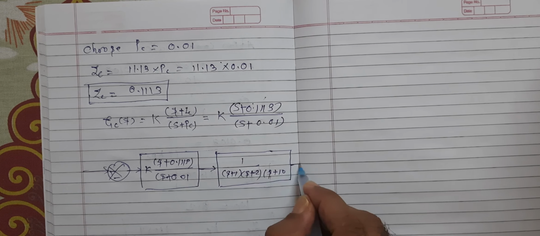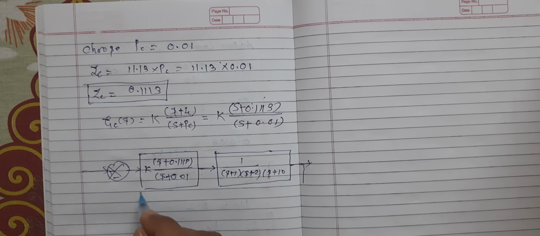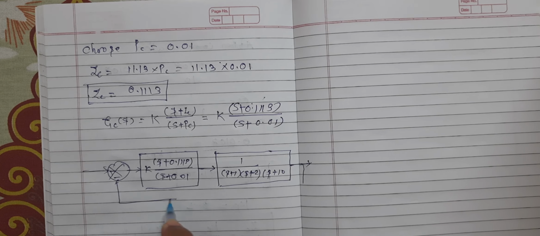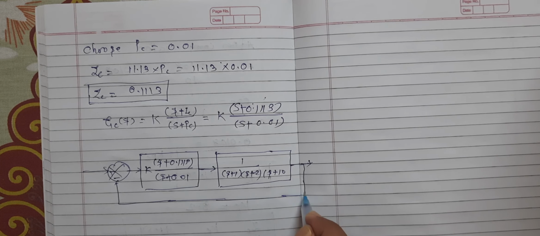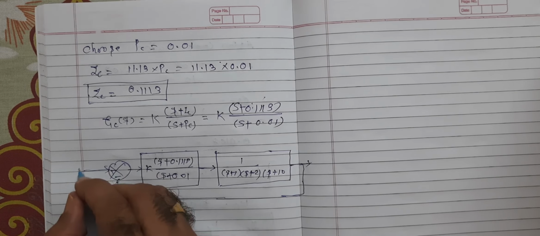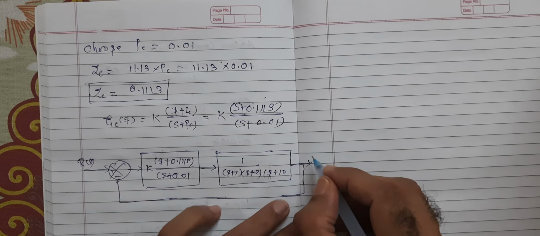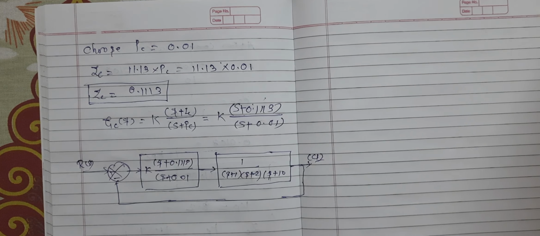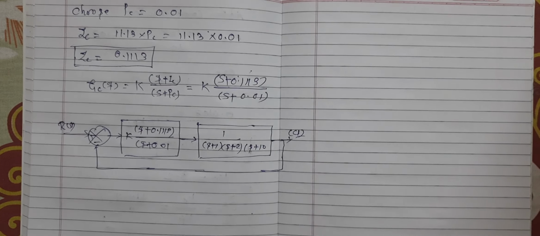Then we connect it here. That is our unity feedback. This is your R of S and this is your C of S. This is our system.